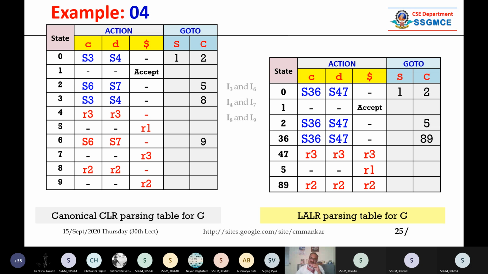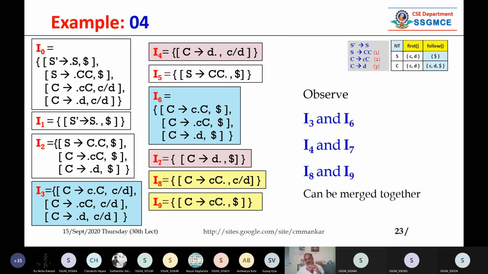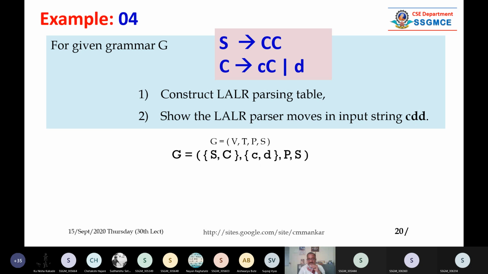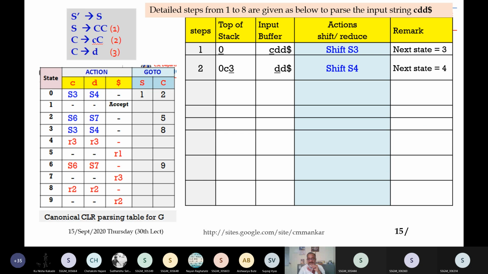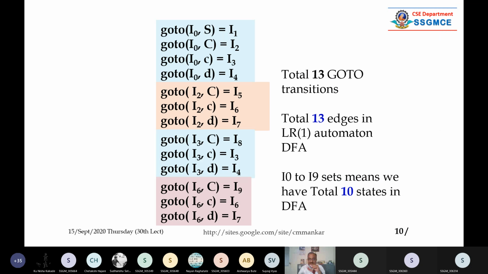Here I have not drawn the diagram for the LALR parser. Normally they very rarely ask it, but from this set, when you merge them, you can draw the LALR DFA. What you have to do is simply modify your GOTOs, meaning you will get new GOTOs.